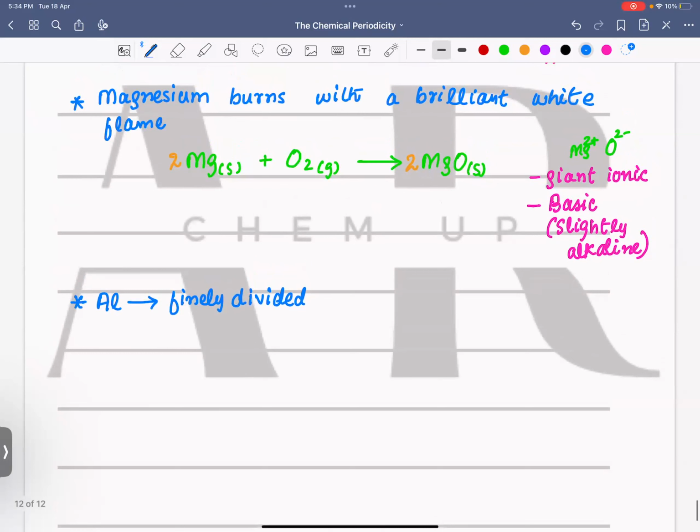And there is no observation like a flame, and you are not going to observe any flame over here in this reaction.